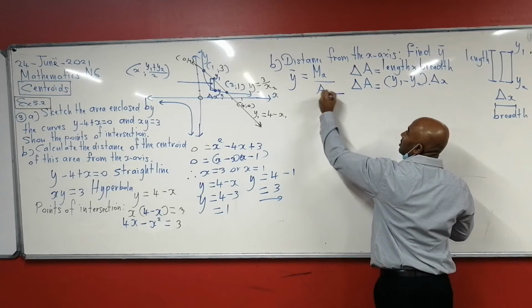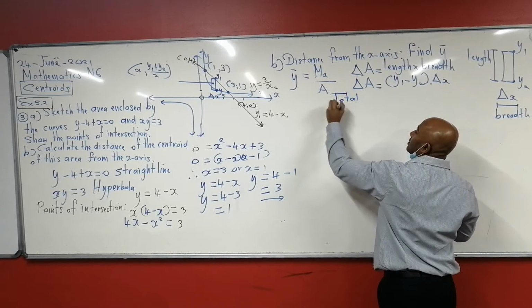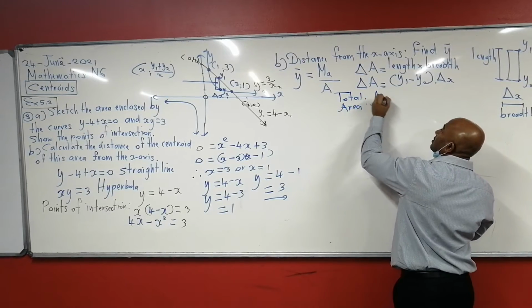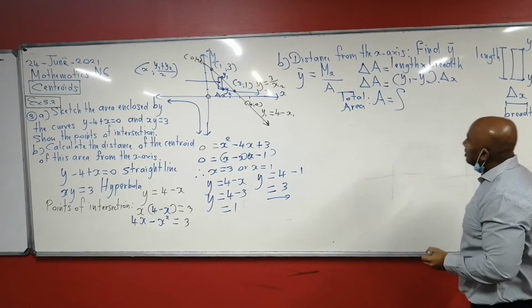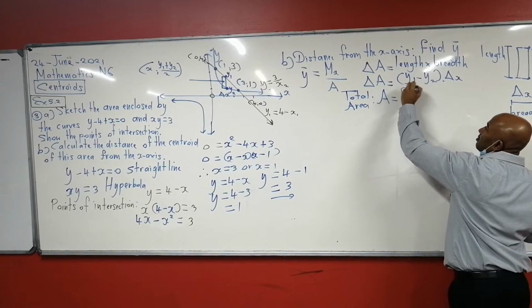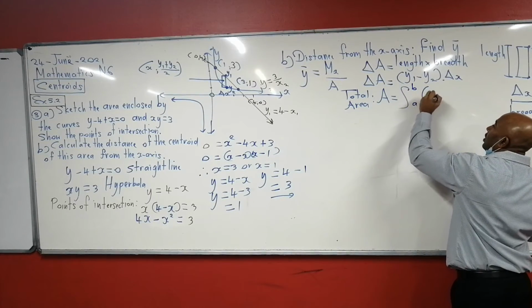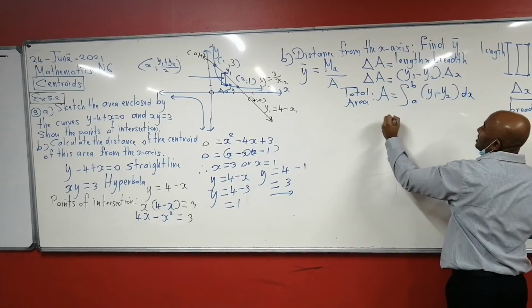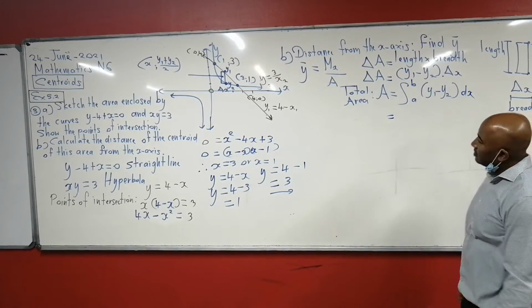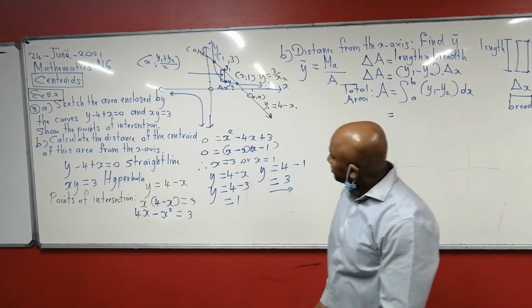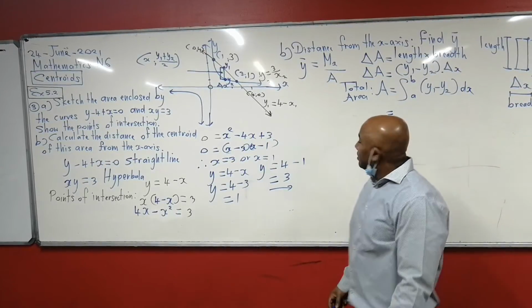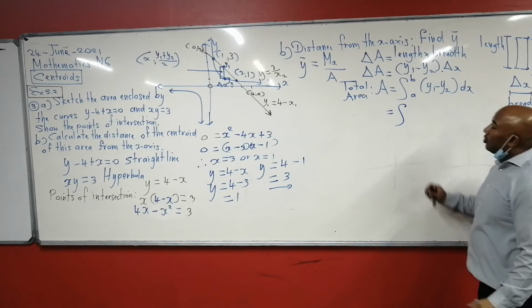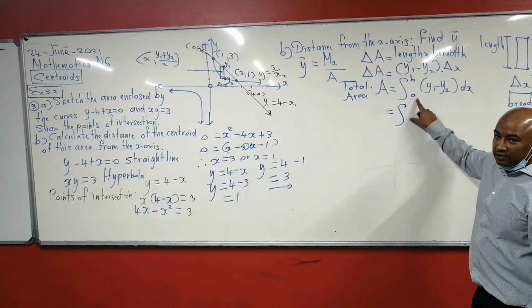Now you will write down the total area formula. Total area, that's the integral of (y1 minus y2) dx. So now it's a substitution part. What are your b and a?